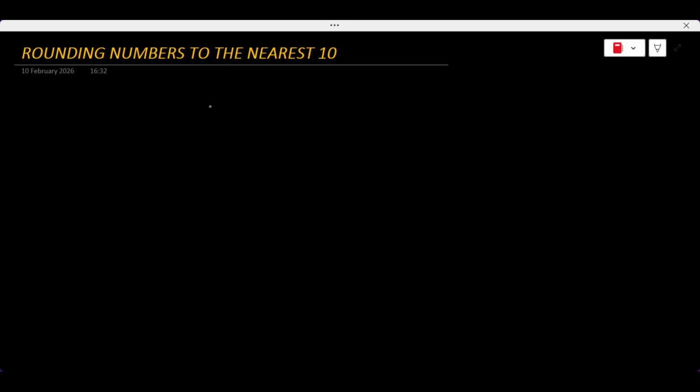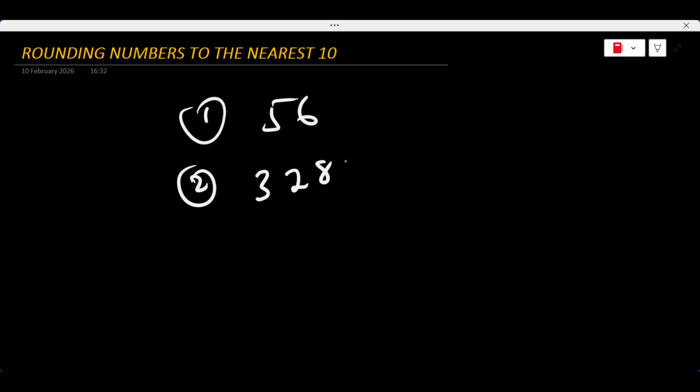So the first one, round 56 to the nearest 10. The second, round 3284 to the nearest 10. Then finally, round 72615 to the nearest 10.